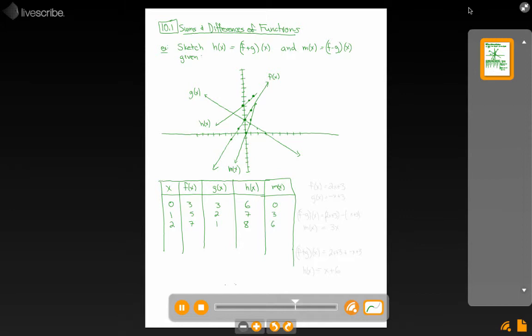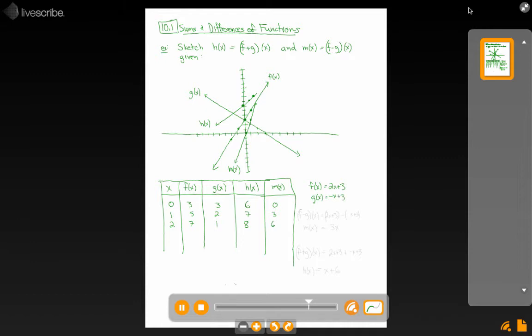Just so you can double check to see if what I've given you is actually true, the functions that I drew originally were actually that f of x is equal to 2x plus 3. That would be another way to do this problem, by the way, is figure out what the equation of that line is. You guys all know how to do slope and y-intercept, hopefully, at this point. So f of x was that, and g of x had a slope of negative 1, but also had a y-intercept of 3.